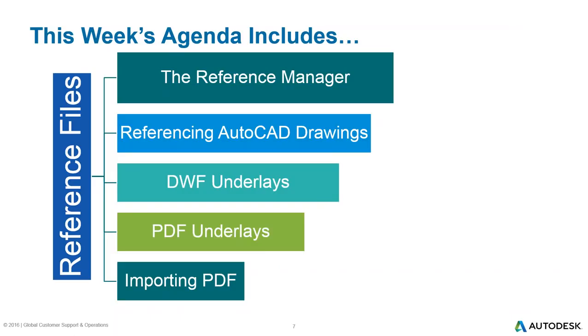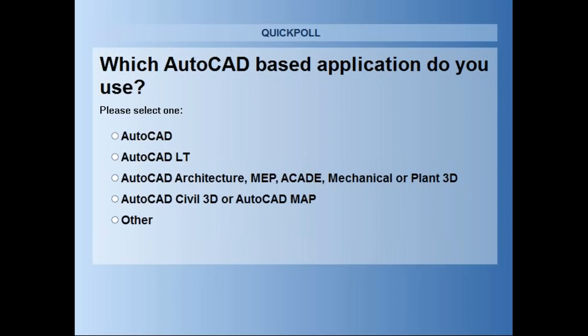So just quickly throwing that up on the board. I'm going to go ahead and get rid of that one because we do have a couple more here. And this is all valuable information for us. We started getting into webinars about our vertical products, so we always like to know what application you're working with. In this case, AutoCAD, AutoCAD LT, any of the verticals or other applications. By other, that could be Revit products, or it could be a third-party vendor.